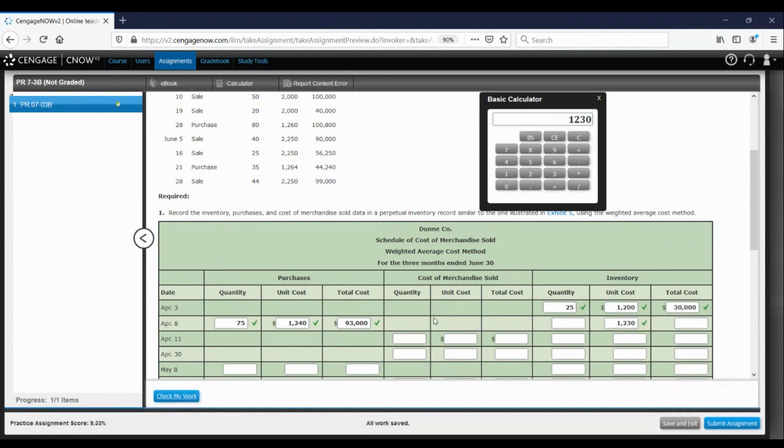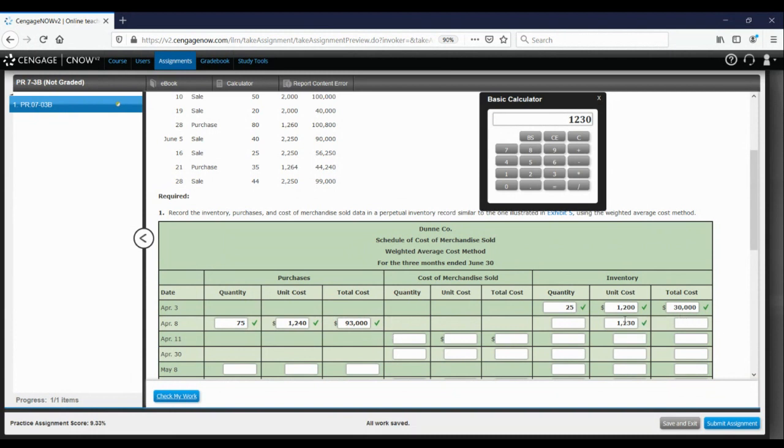And so again, the way that I got the 1230 is I added my total cost of 30,000 to my total cost of what I purchased. In other words, the total cost of my inventory at April 3rd was 30,000. My total cost of what I just purchased is 93,000.